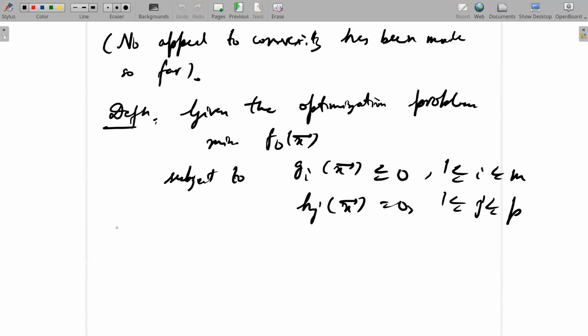We will define a Lagrangian in general, motivated by all these considerations.